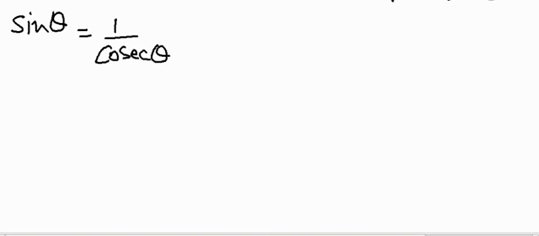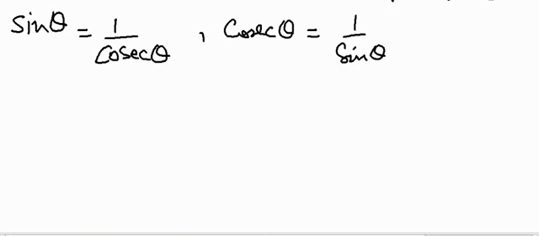Sine theta is going to be 1 by cosec theta. In other way, we can also write that cosec theta is equal to 1 by sine theta, right?